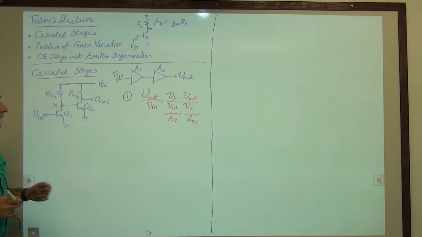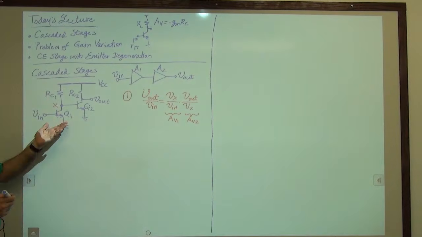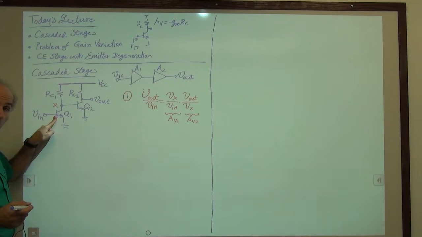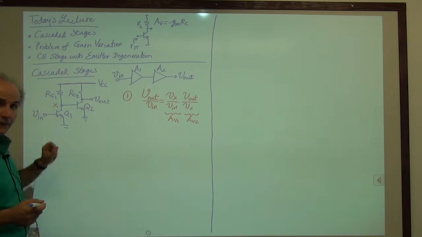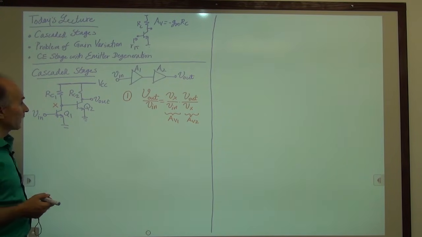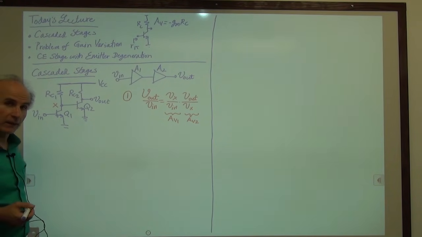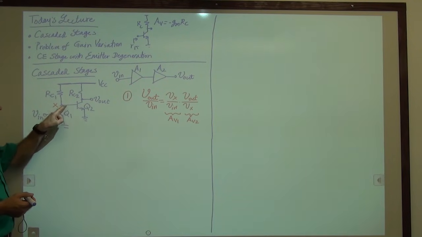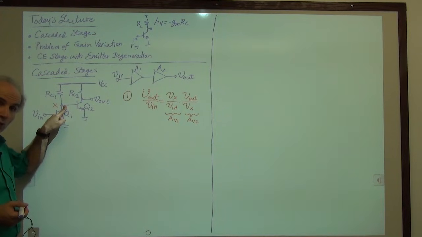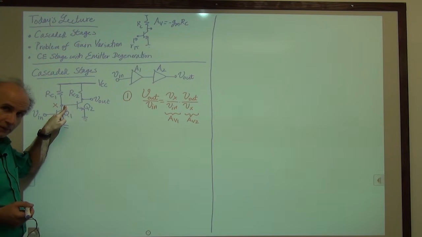Okay, is AV1 in the circuit equal to minus GM1 times RC1? Is that correct or is that not correct? Well, it's not correct. This is because at this point, at the collector, the total resistance tied to ground is not just RC1.